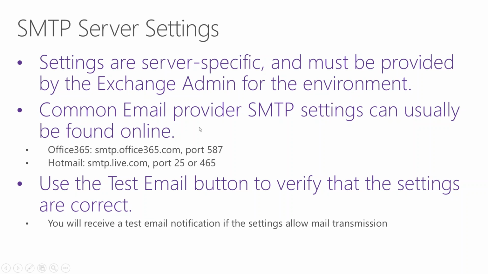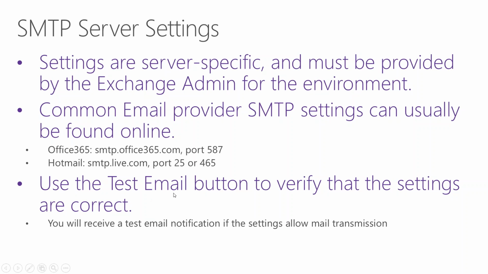There are some common email provider SMTP settings that you can usually find online. I've provided 2 of the typical ones here for Office 365 and for Hotmail, but if you need to get them for other things, Gmail or others, they usually can be found by Googling or Bing online.